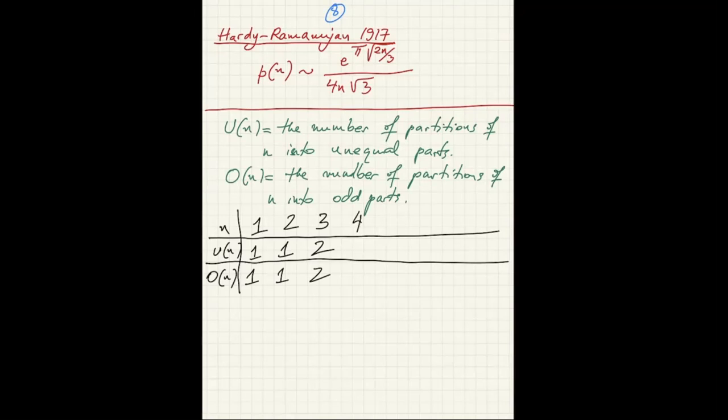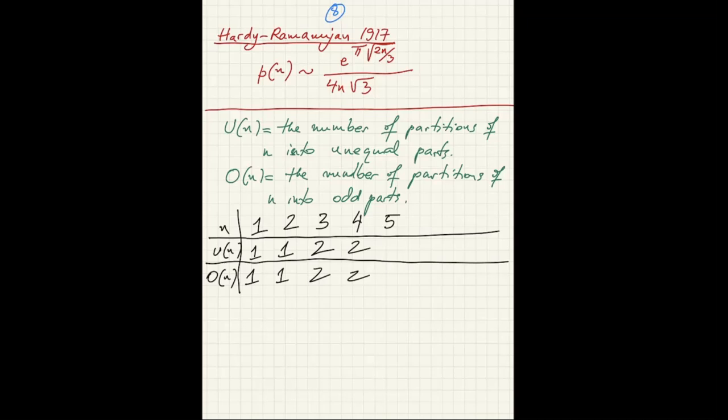Okay, when n equals 4, unequal parts are 1 plus 3 and 4, so there are two ways. Odd parts are 4 equals 1 plus 1 plus 1 plus 1, and also 1 plus 3, so there are two. One more, n equals 5.